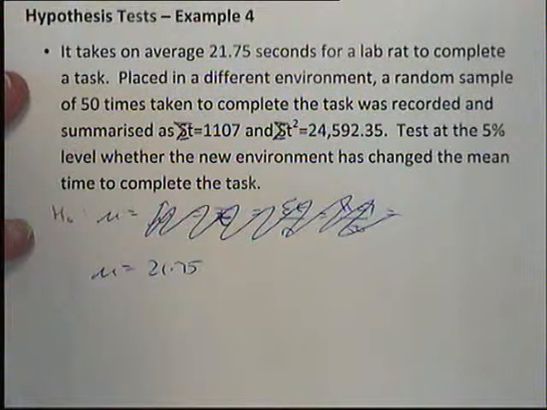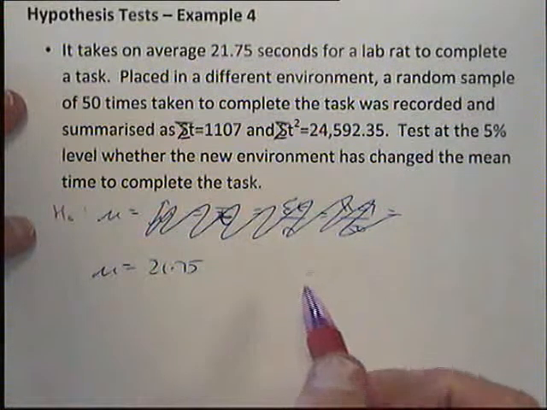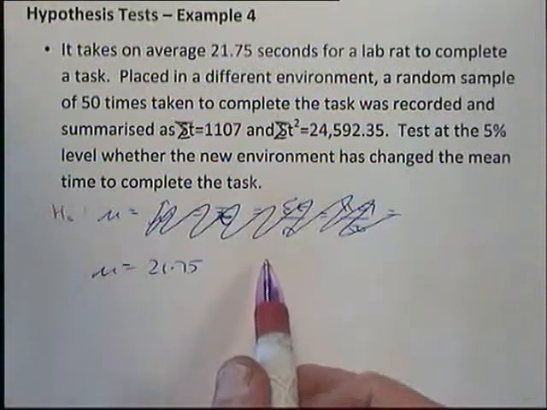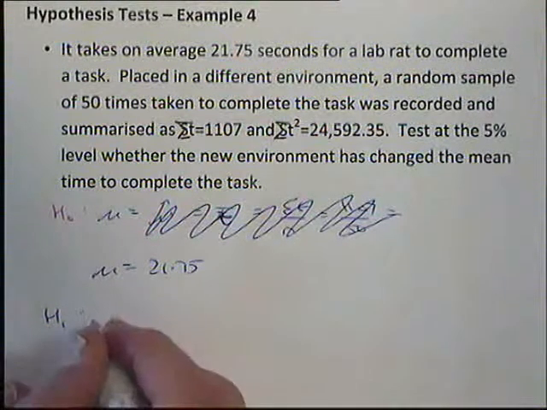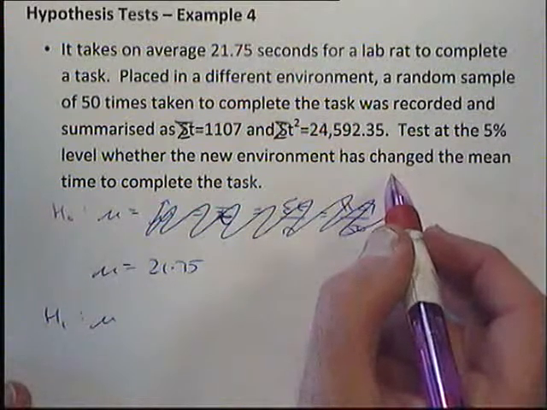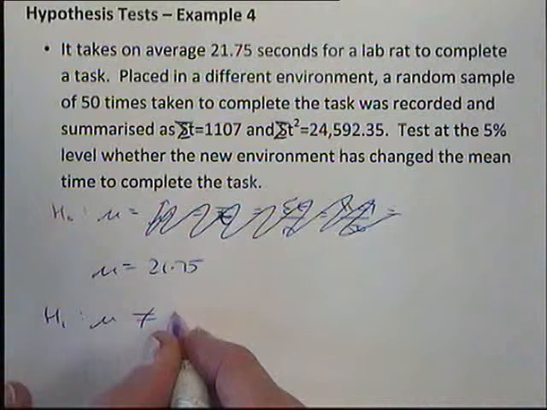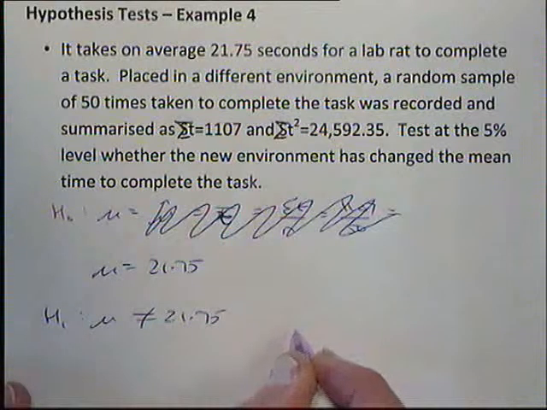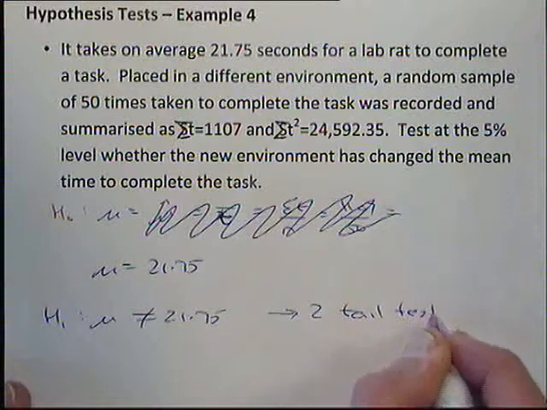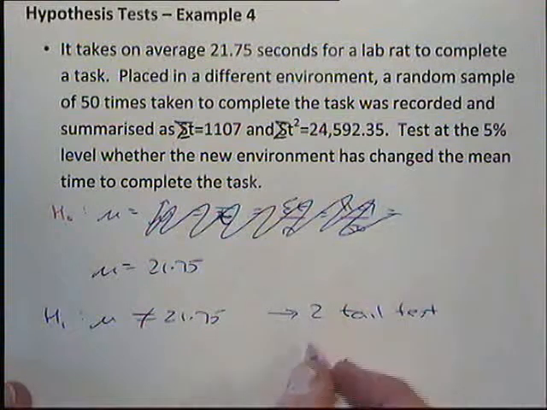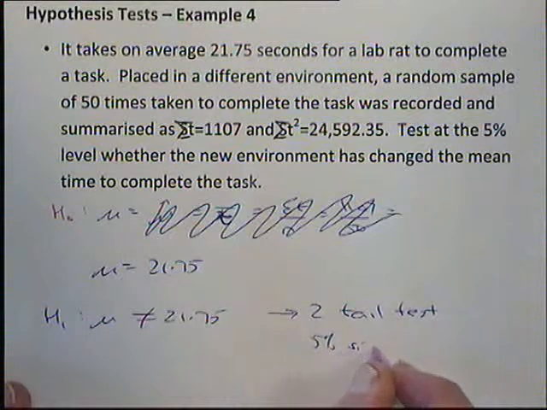Thank you. Well spotted, Mr. Jones. Okay, there we go. The alternative hypothesis, it says here, has it changed? So that's mu not equal to 21.75. That's a two-tail test, and we are doing this at the 5% significance level.